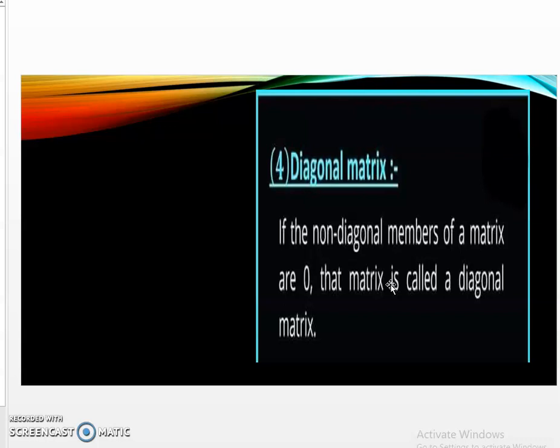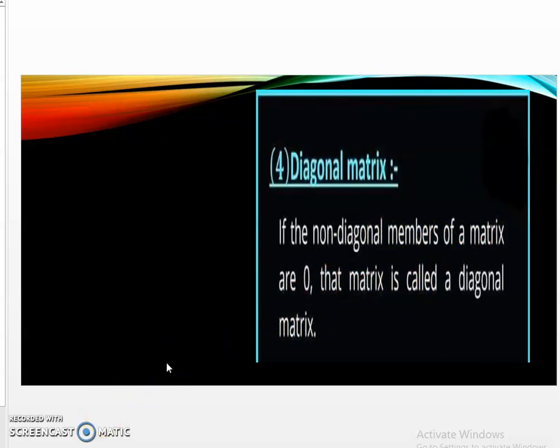The term usually refers to square matrices. Of course, the elements of the main diagonal can be either 0 or non-zero.